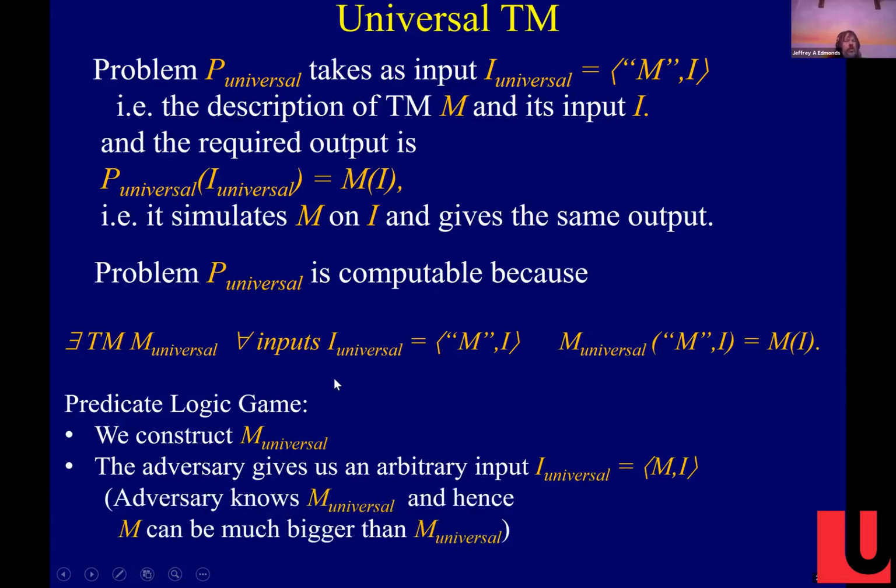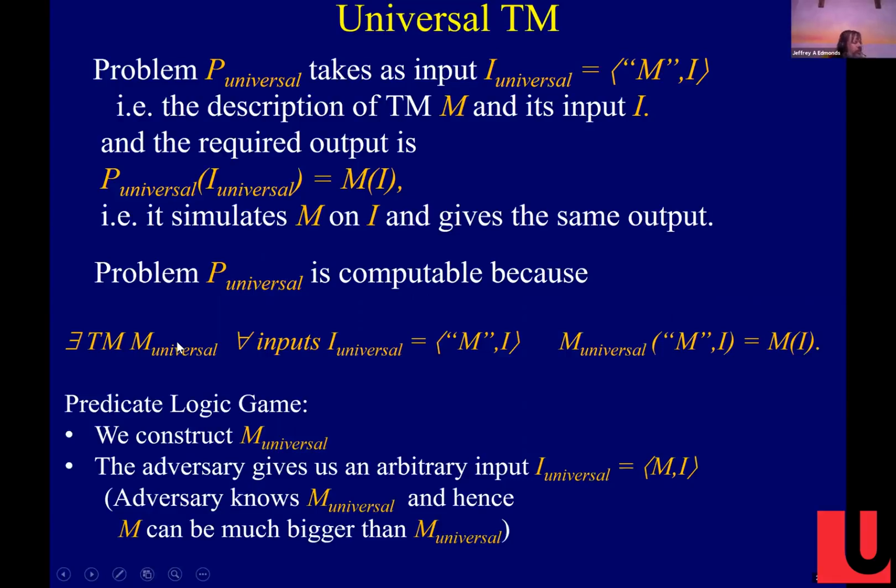And one thing we'll note is, suppose that our universal Turing machine had 1,000 states, right? We have to build this universal Turing machine, and we build it with 1,000 states. Well, this M over here that the adversary is giving us, it's going to have 1 billion states, right?